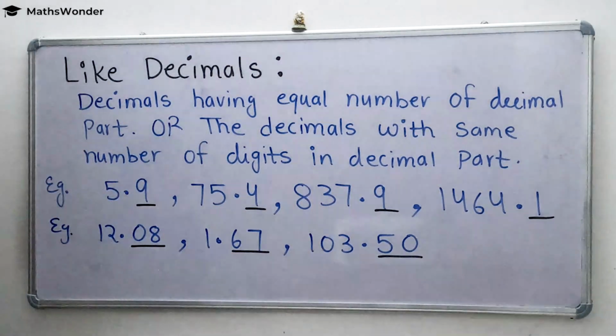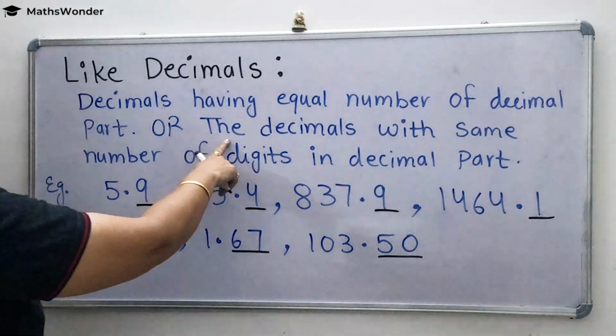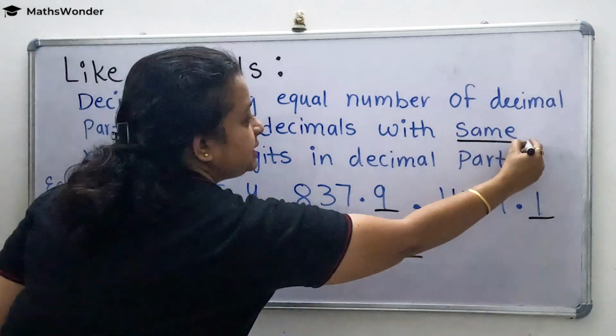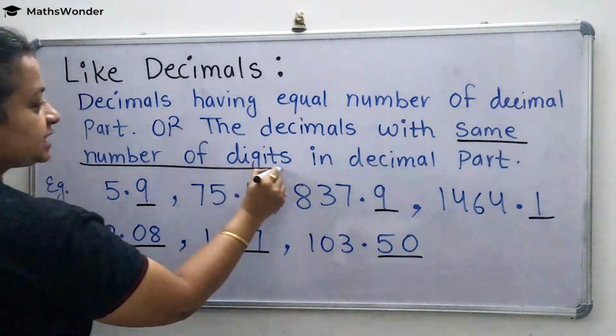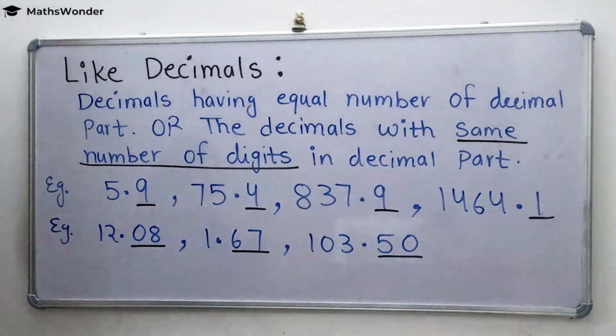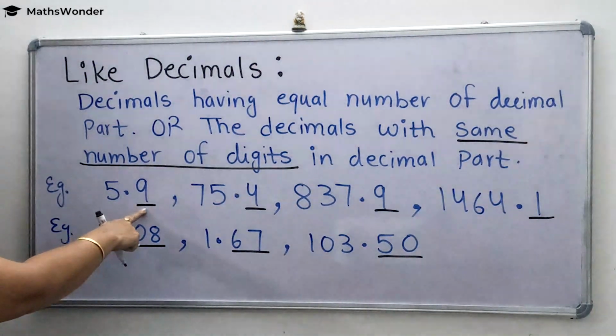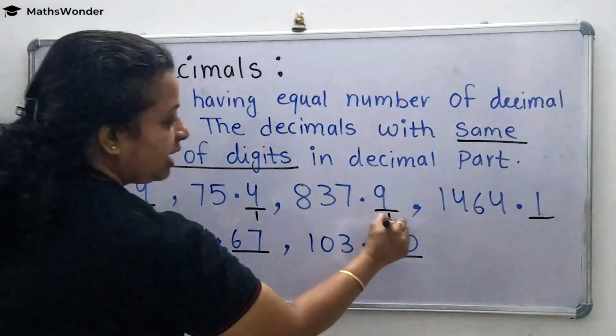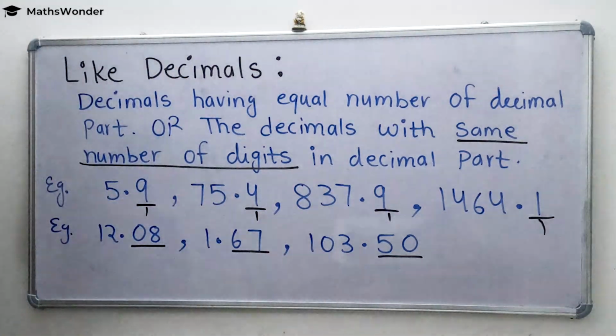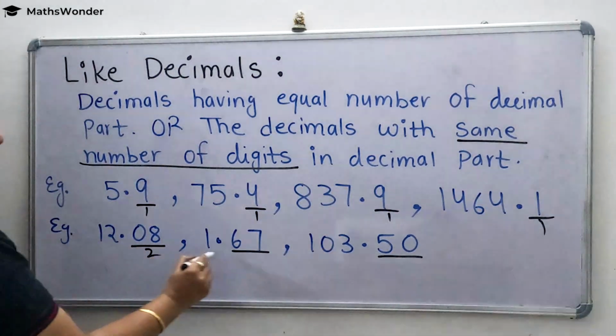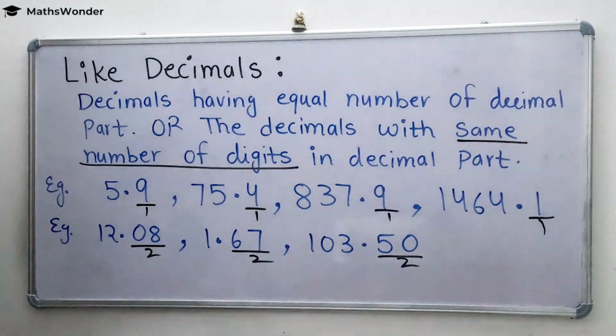So these three are like decimals, because the number of decimal places is the same. The keyword is the same number of digits. So here the number of digits is 1, 1, 1, 1, so we call it like decimals. Here it is 2, 2, 2. Don't look at the part before the decimal.